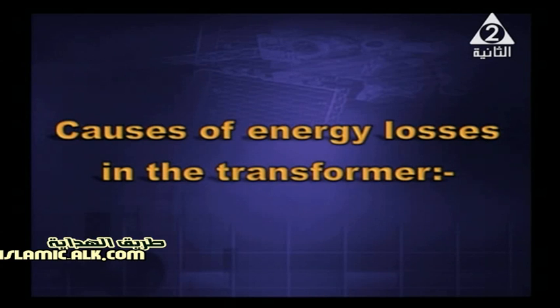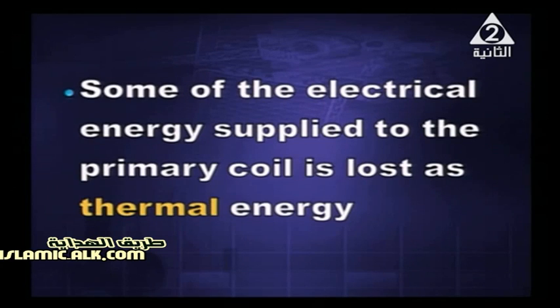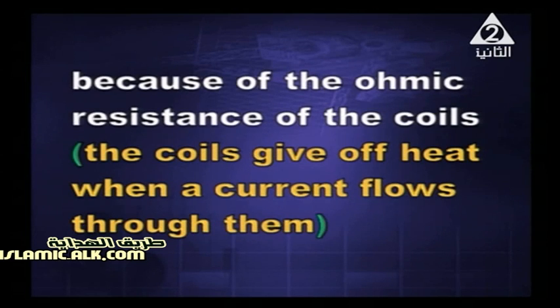Talking about causes of energy losses in the transformer. First of all, some of the electrical energy supplied to the primary coil is lost as thermal energy, is lost in the form of heat because of the ohmic resistance of the coils.